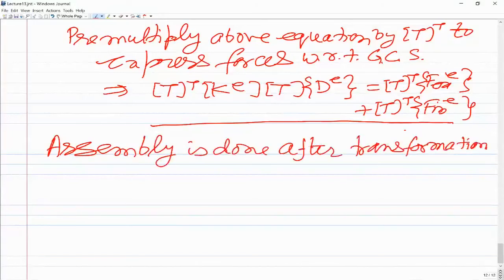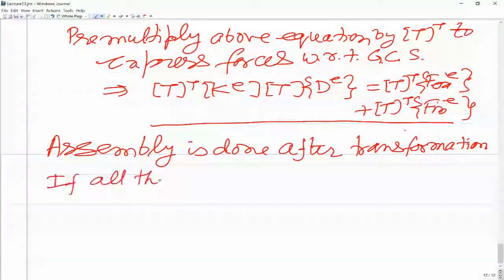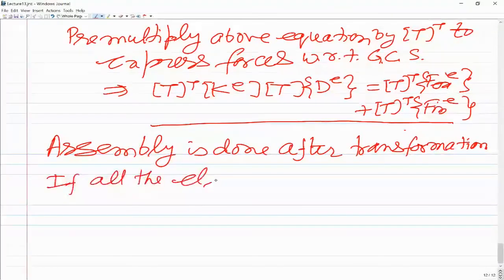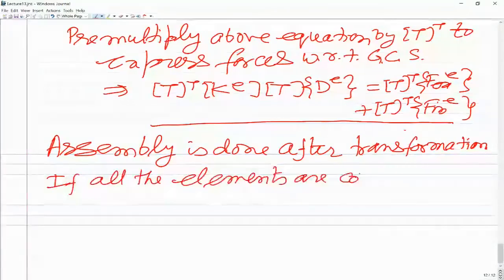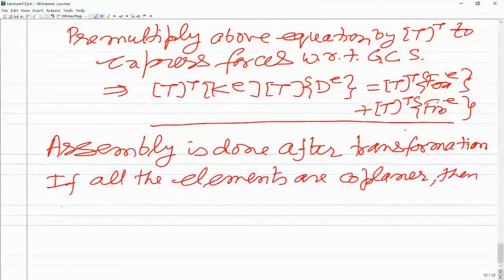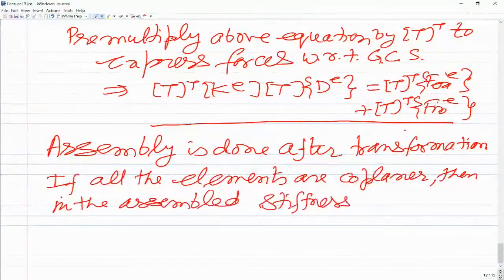And as I said, if all the elements are coplanar, then in the assembled stiffness matrix, if they are not coplanar, then you will have the contribution in theta z, but if they are coplanar, then you won't have.